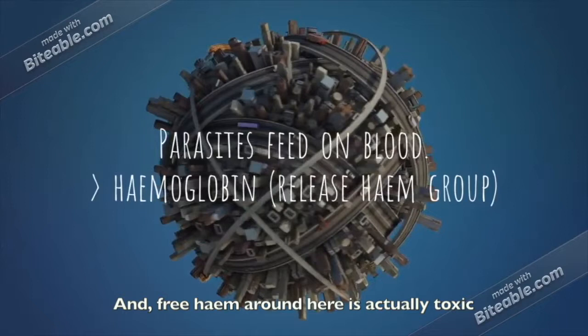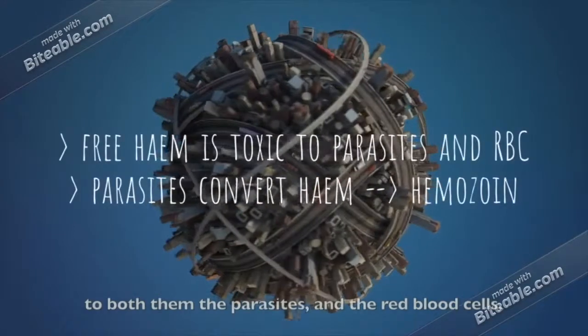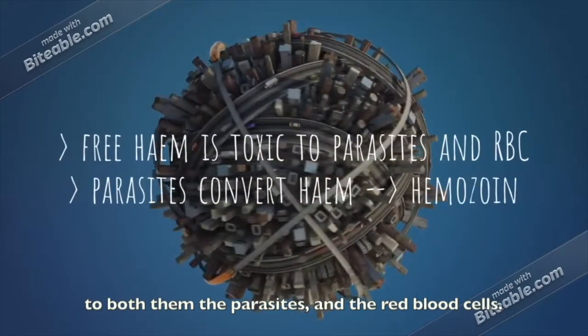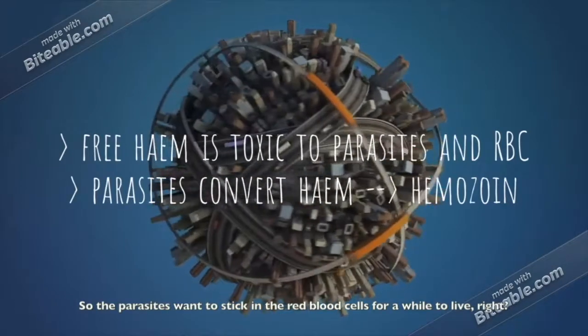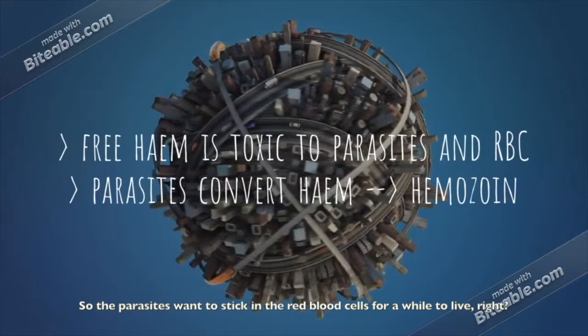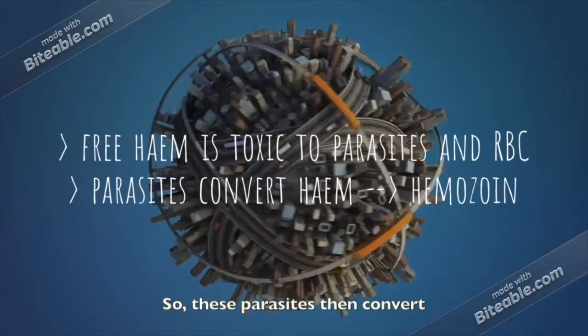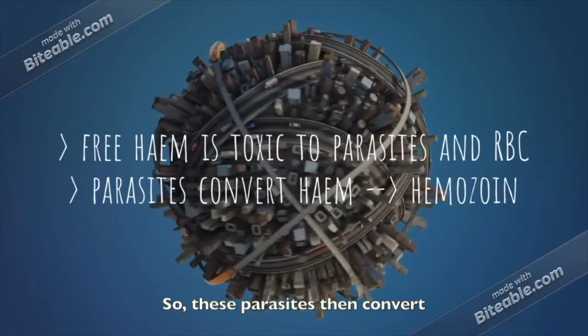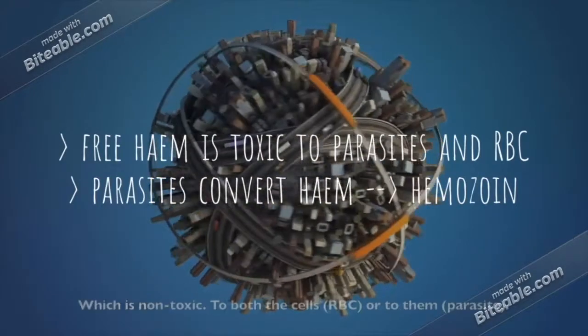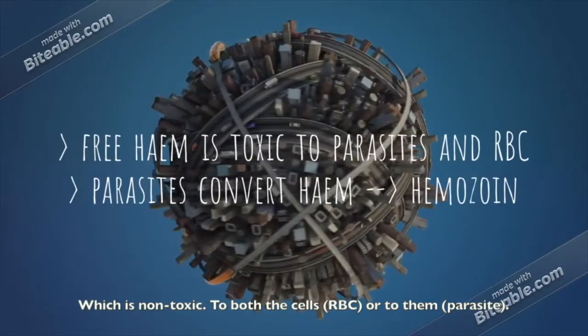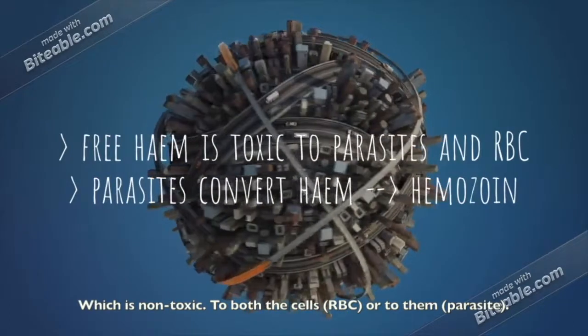And free heme floating around here is actually toxic to both the parasites and the red blood cells. So the parasites want to stick around in the red blood cell for a while to live, right? So these parasites then convert this heme into crystals of hemozoin, which is non-toxic to the cell or to them.